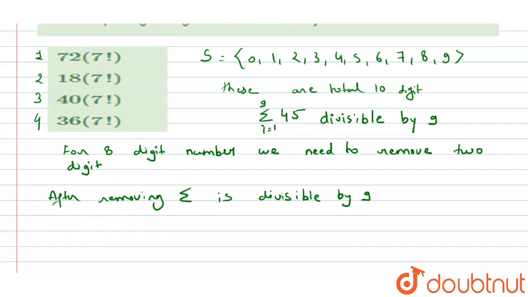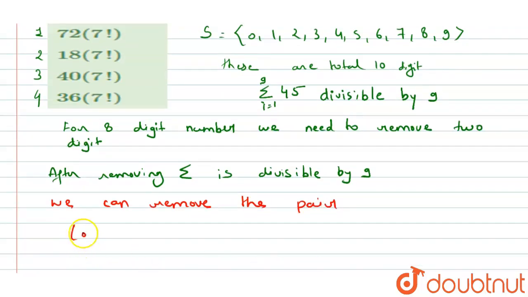What are the possible pairs? 0 and 9, 1 and 8, 3 and 6, 2 and 7, and 4 and 5.